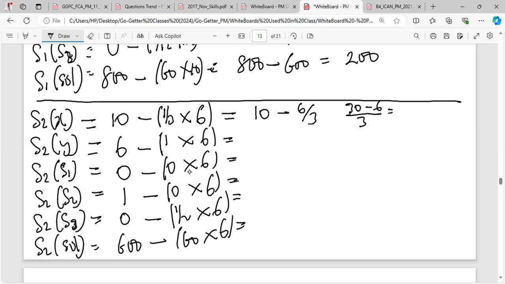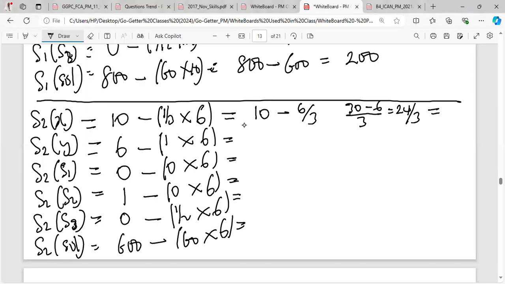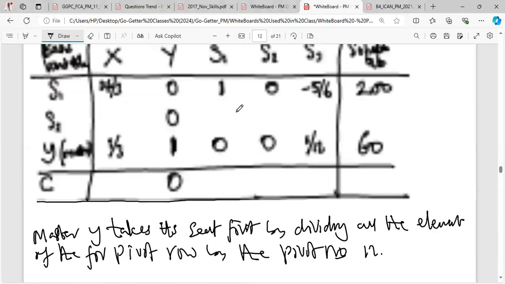That's going to give us 24 over 3. 24 divided by 3 gives us 8. So here we already have 8.